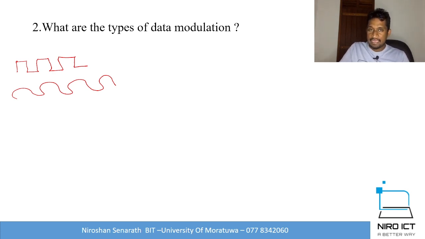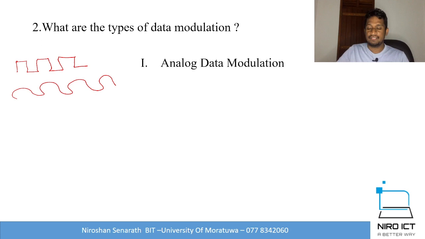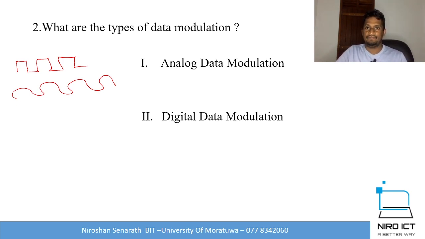One is called analog data modulation, and the other is called digital data modulation. Under analog data modulation, we have techniques called FM, AM or PM. And under digital data modulation, we have techniques called FSK, ASK and PSK. Then I will explain what those things are, right?